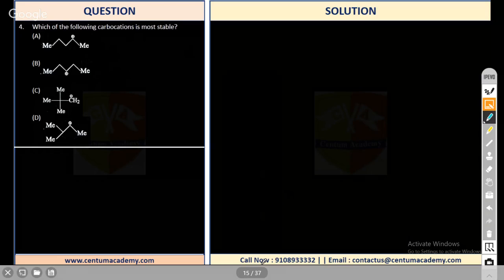Tertiary carbocation, hyperconjugation. Hyperconjugation. 3-degree carbocations are most stable.